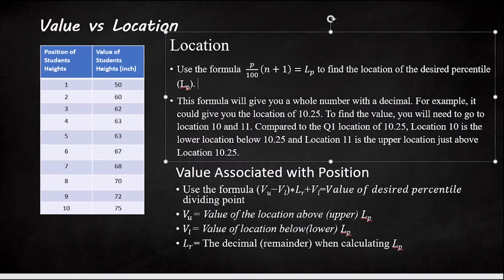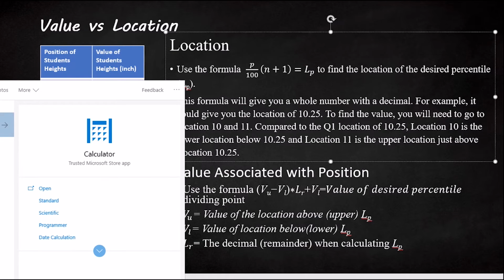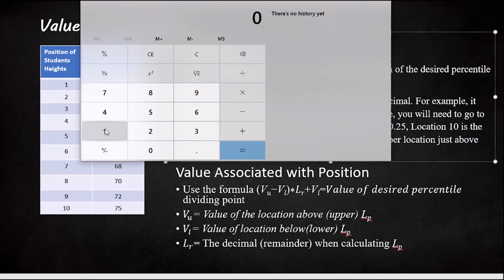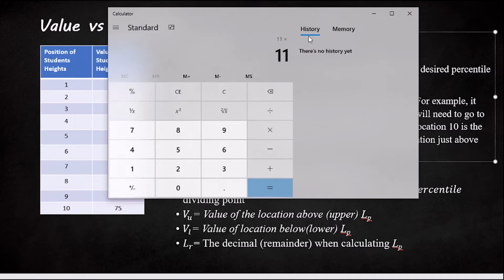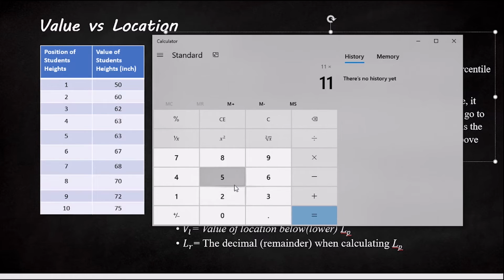So let's get a calculator. We're going to do 11 multiplied by 3 divided by 4, so that's 8.25.